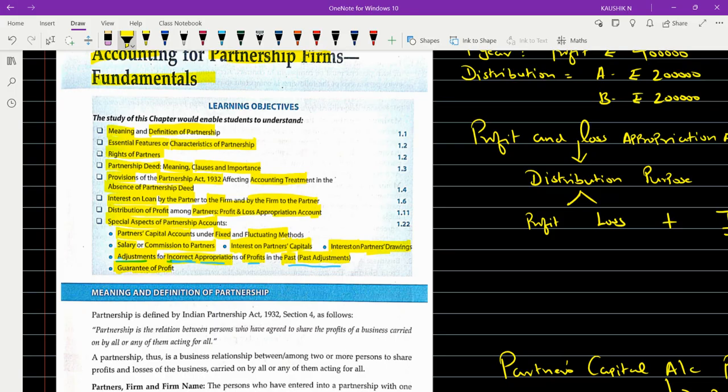We never come across the word firm, because partnership is entirely different from sole proprietor. In sole proprietor, we use terms like X capital, Y capital. But in partnership, we use the term partners capital. That makes some differences. Now, what is this firm?